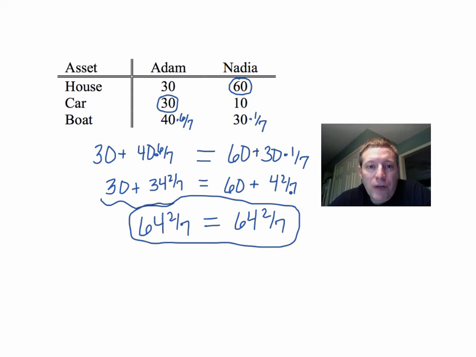Hopefully, you could do that same procedure on another situation with similar numbers, and don't be surprised that the fractions come out weird. But if you work through the algebra and plug the numbers in, you should be able to prove that your numbers are right, because these final tallies should be exactly the same. So there's the adjusted winner procedure. Hopefully you can apply that to other problems.